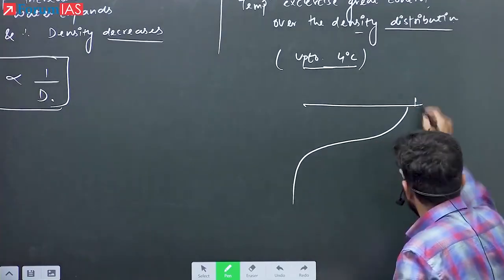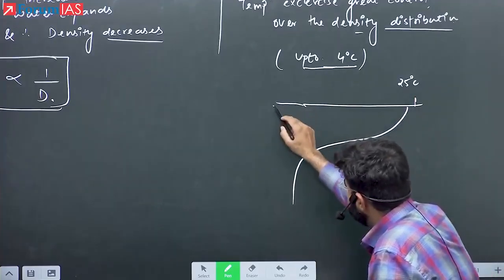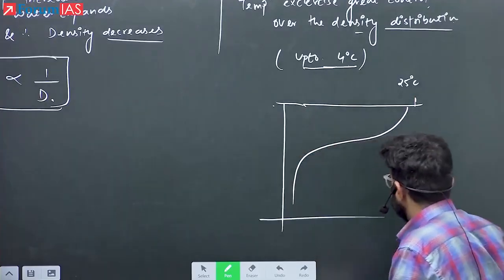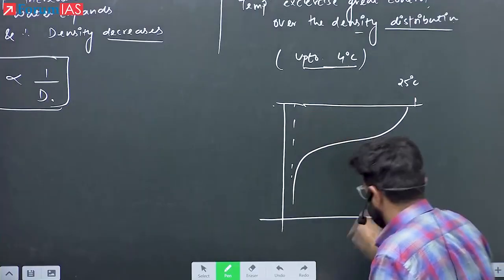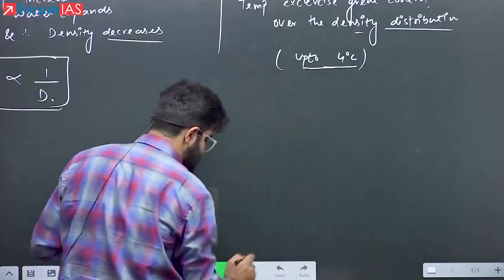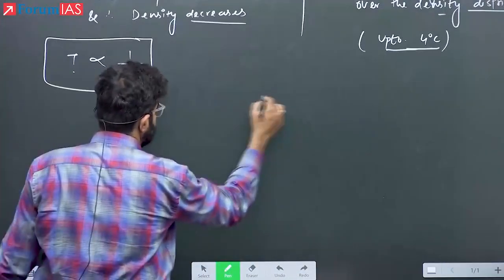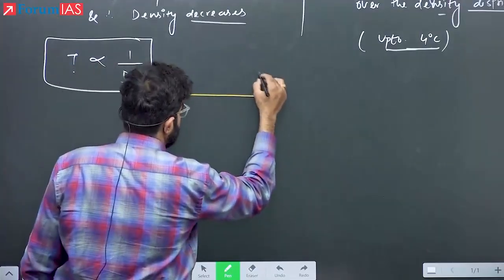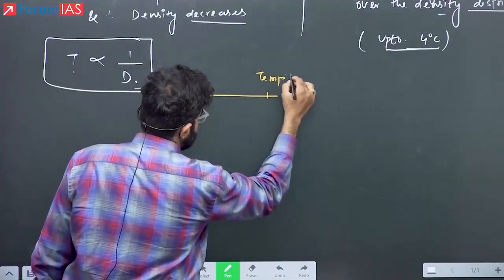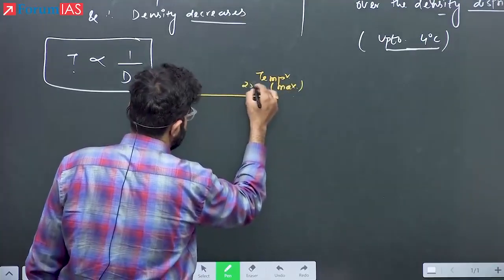This was the graph, है ना? Here the temperature was somewhat around 25 degrees C, and we have learned to write down the density and temperature curve or the distribution of density. Temperature was maximum here, yes or no? Yes, let's say 25 I am assuming here.